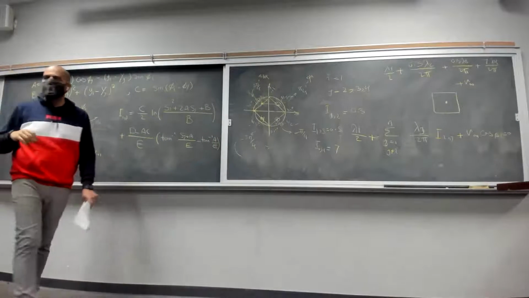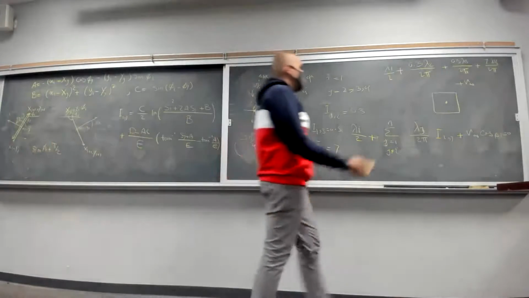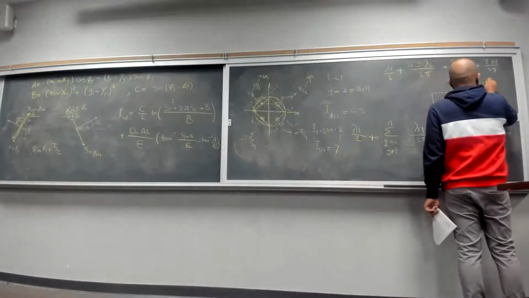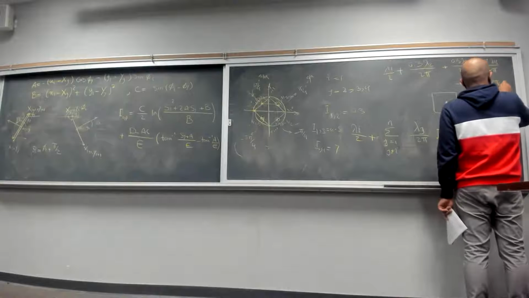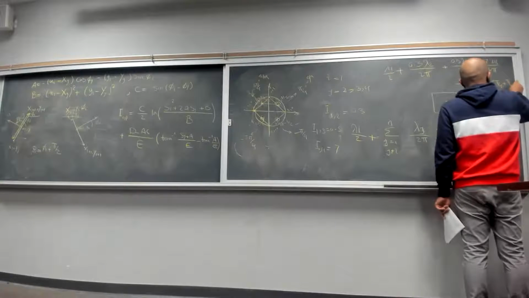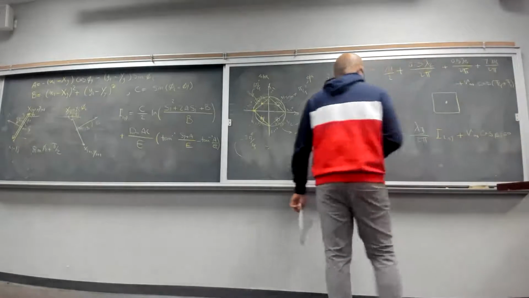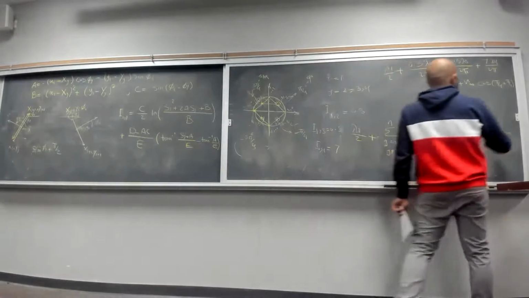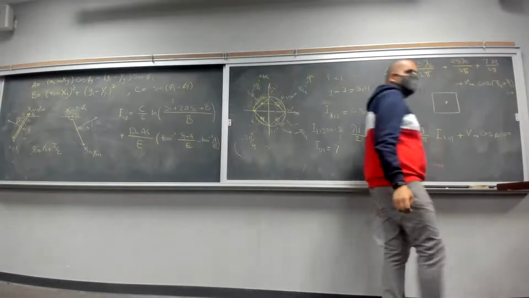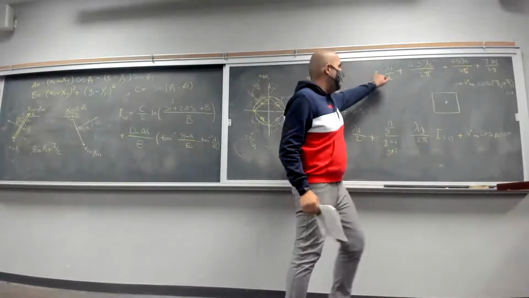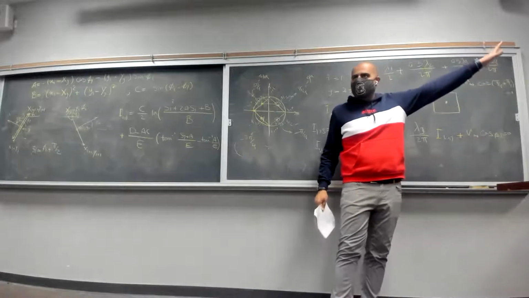Cosine of pi over 4 plus pi over 2 is the value you have, and you can calculate that. Okay, so that's it. This has to be equal to 0. This is your first equation and 4 unknown lambdas.